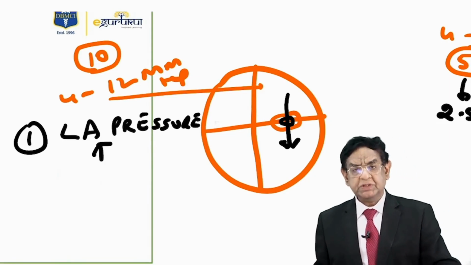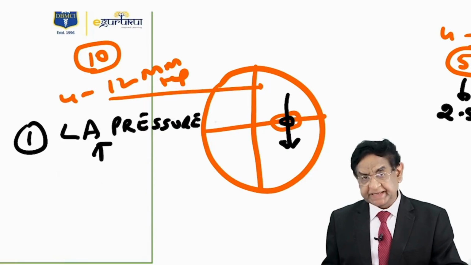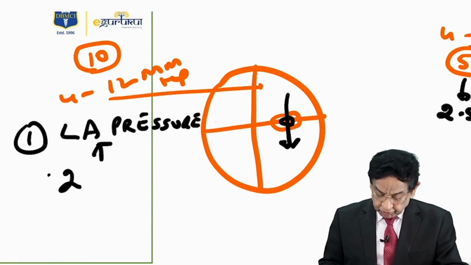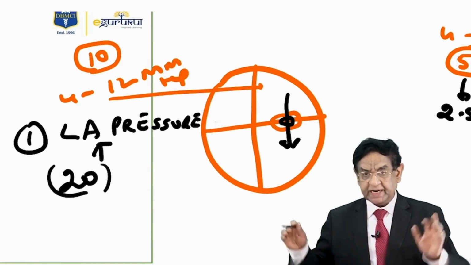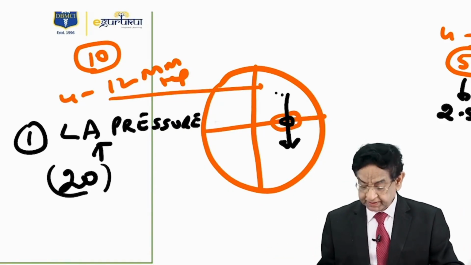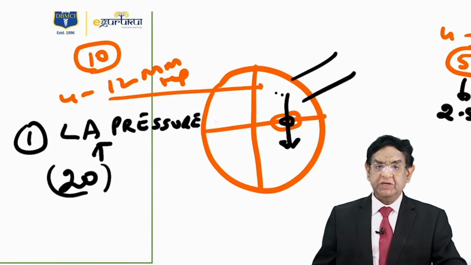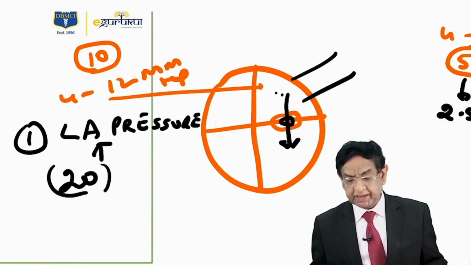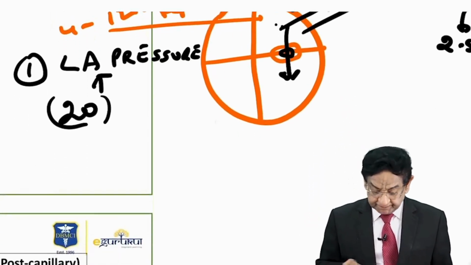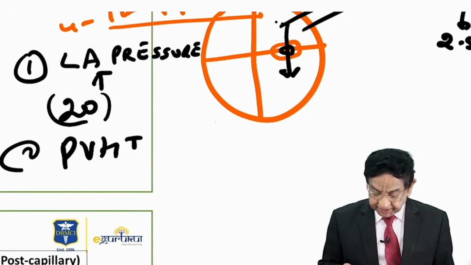This is the most characteristic feature of mitral stenosis, increased LA pressure. Well, it may go up to 20 millimeter mercury. Up to that time, the LA will try to accommodate blood. But after that, LA is a thin-walled chamber. It cannot accommodate much blood. Blood starts entering into the pulmonary vein. So it leads to pulmonary venous hypertension.